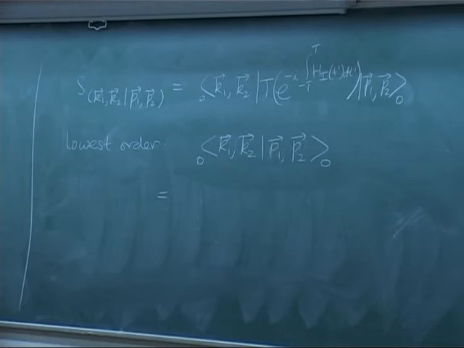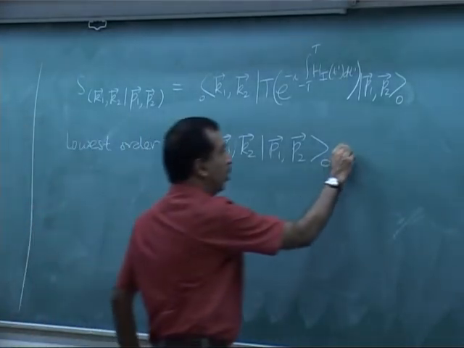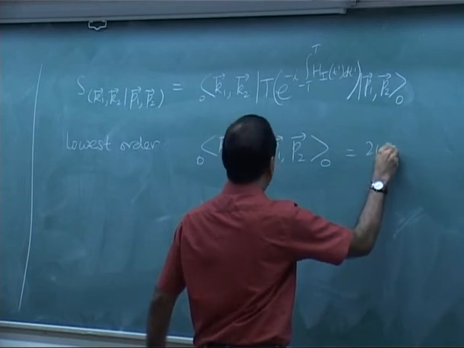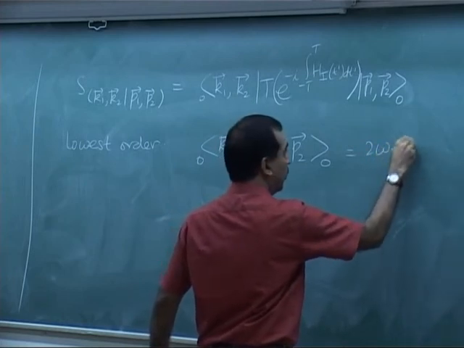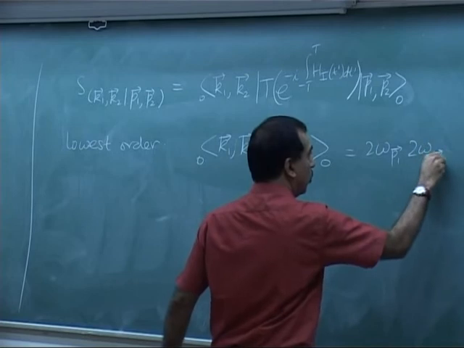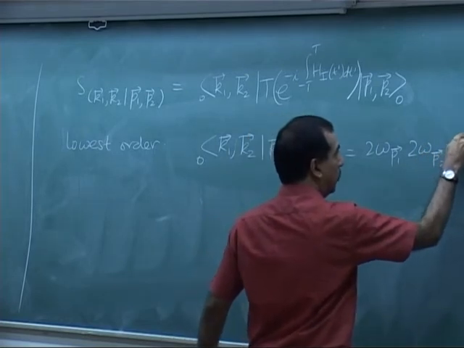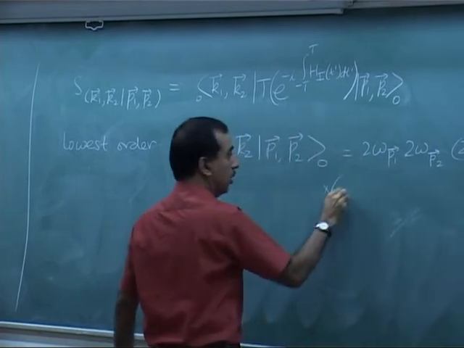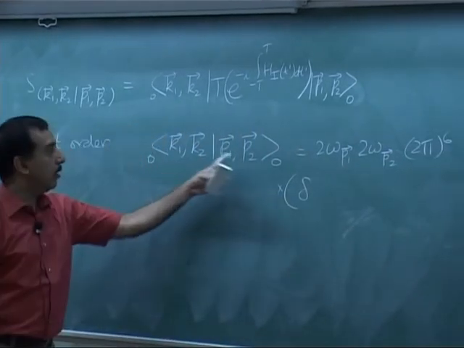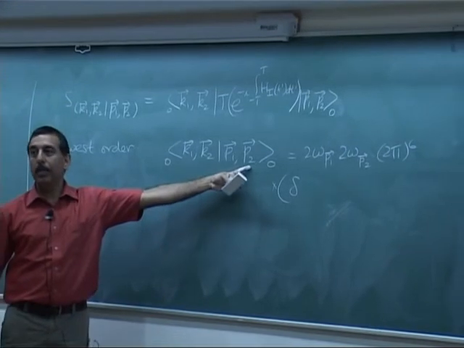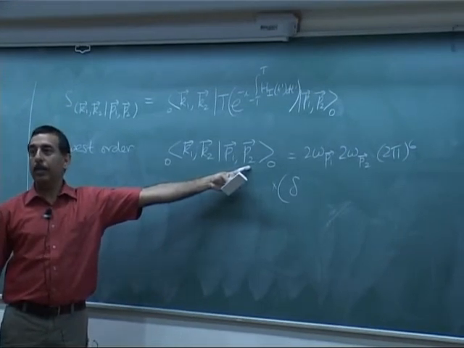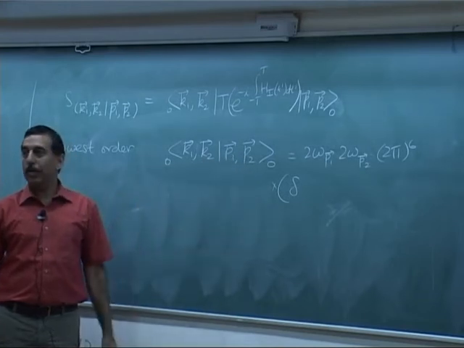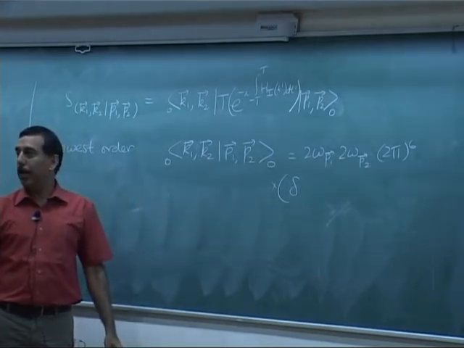Ultimately you get 2 omega P1, 2 omega P2, 2 pi to the 6 times delta. So what do you physically expect this overlap to be? Delta of what? What is the delta of P1, P2, K1, K2? How does a delta function have 4 arguments? It only used to have 1.